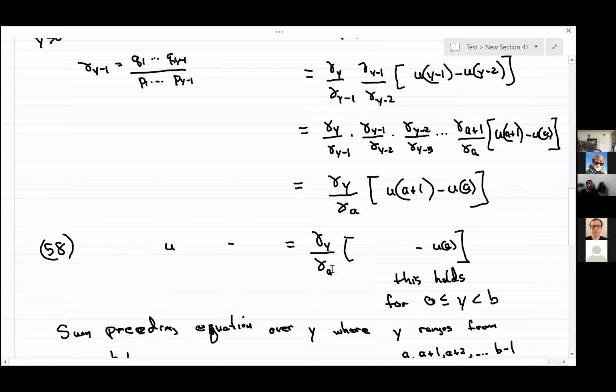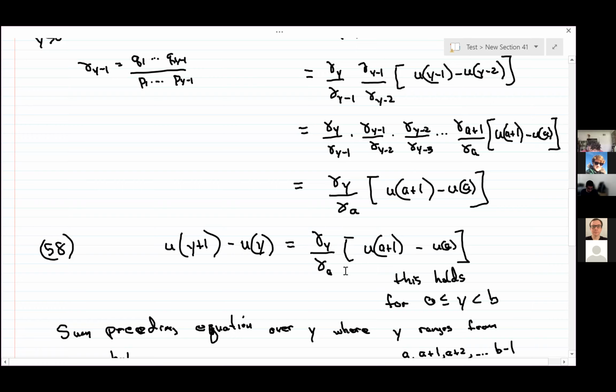Let me see if I can just restore it. 58 said, before it got damaged, u of y plus 1 minus uy was equal to this. And over here was u of a plus 1 minus ua. Okay, so that wasn't too bad to restore.